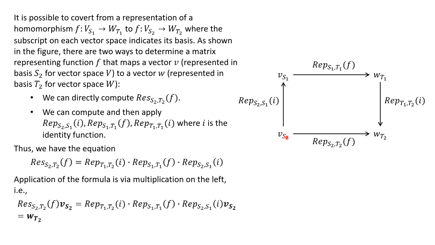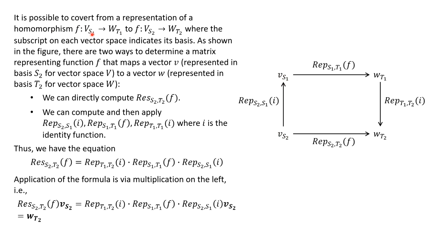So the two ways are: one, directly compute the representation of F from S2 using bases S2 and T2. That's this way here. And then there's a longer, more involved route. You first change your vector V from the basis S2 to S1.